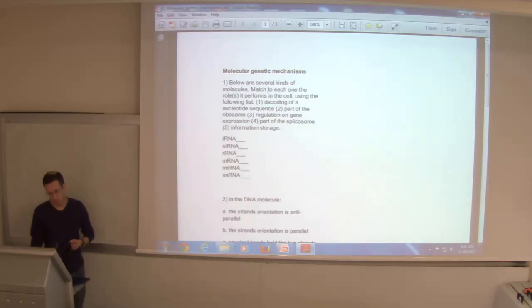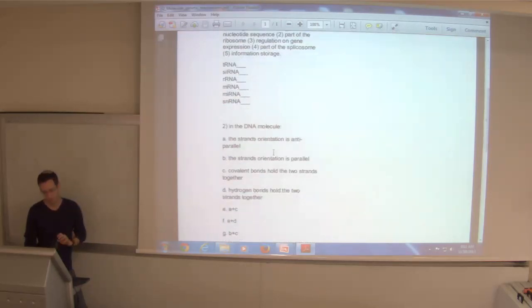Match to each one the role or roles it performs in the cell using the following list: decoding of a nucleotide sequence, part of the ribosome, regulation of gene expression, part of the spliceosome, information storage. You should come back to this question in a couple of chapters, because we haven't mentioned snRNA, microRNA, and siRNA yet. So maybe we'll just skip this one for now. We'll come back to it later.